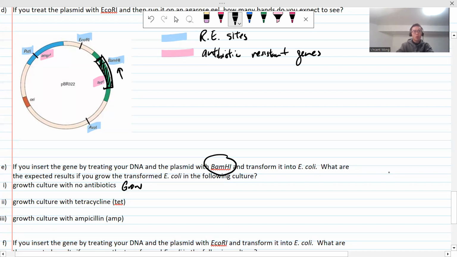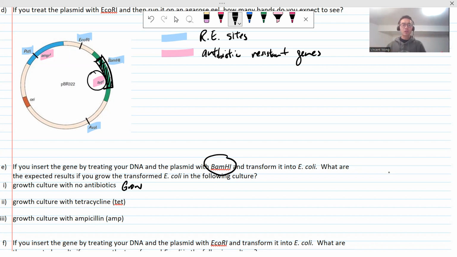What if you grow the bacteria with tetracycline? Because we have inserted a gene using BamHI right here, we actually interrupted the tetracycline resistant gene, right? Our gene goes right into the middle of the tetracycline gene and destroyed it essentially.